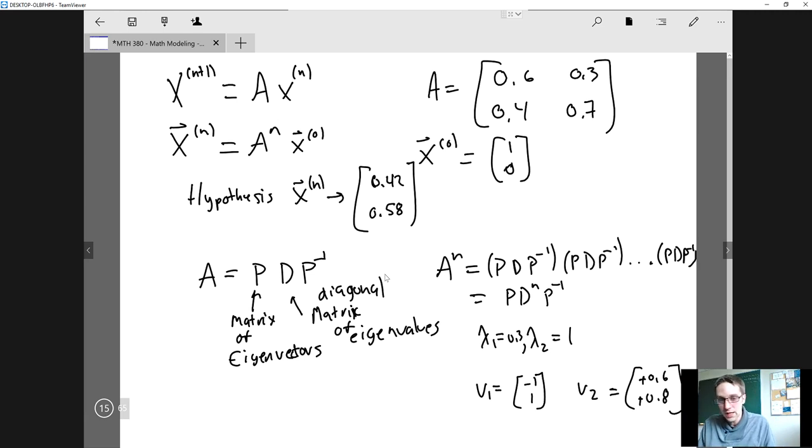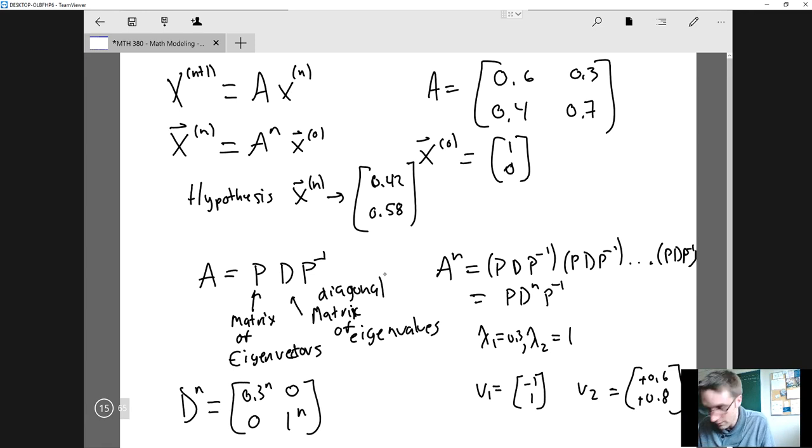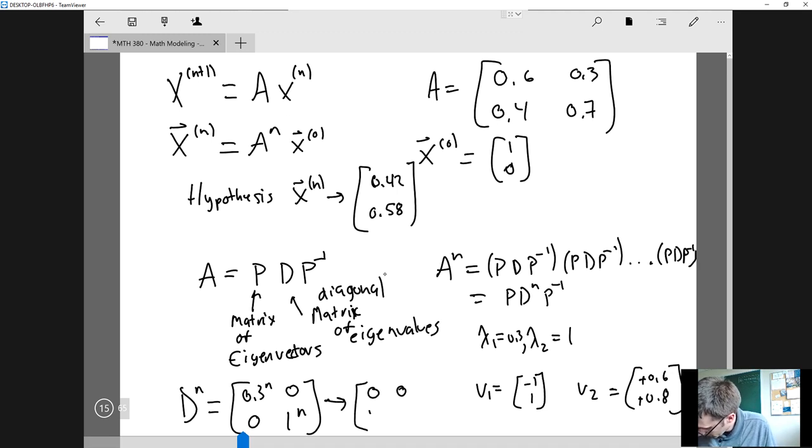And so you'll notice if you were to multiply D to the n, that's going to look like 0.3 raised to the n, 0, 0, and then 1 raised to the n. And if you raise 0.3 to the n over and over again, what happens? Well, the larger the value of n, the smaller that's going to get, right? And so that's going to approach 0.